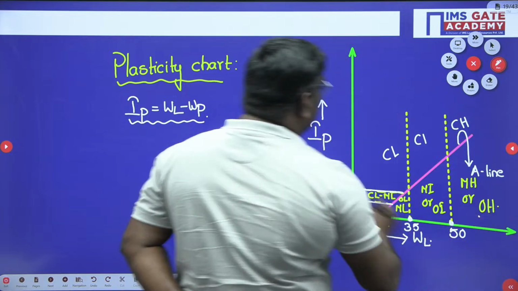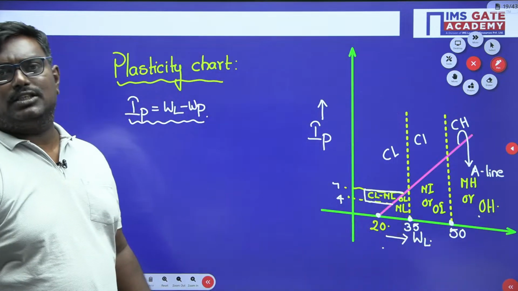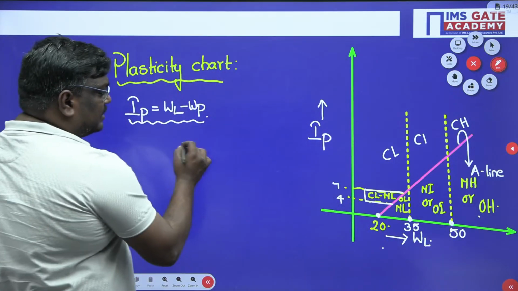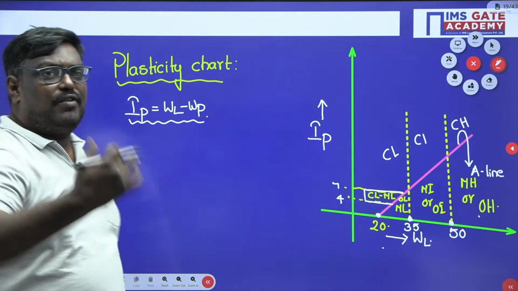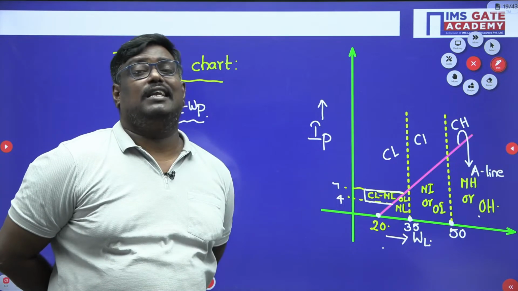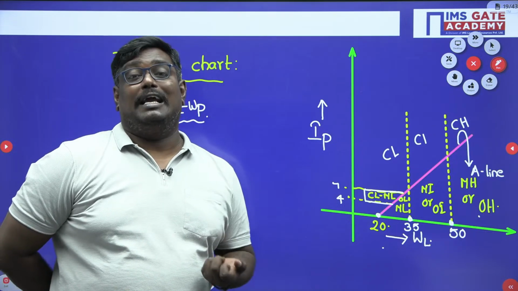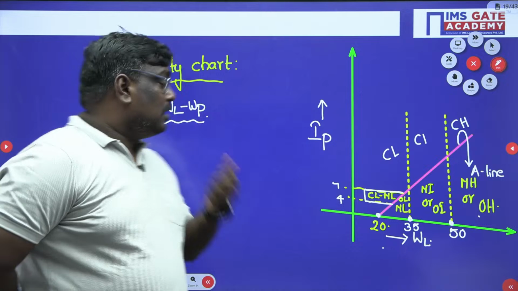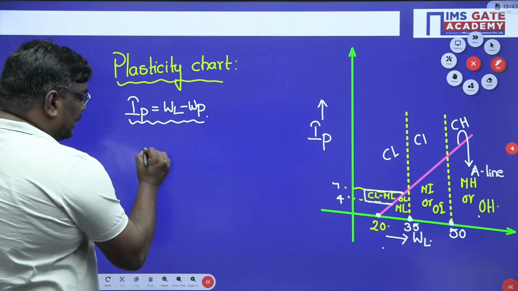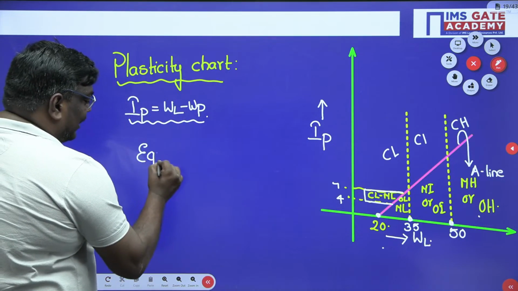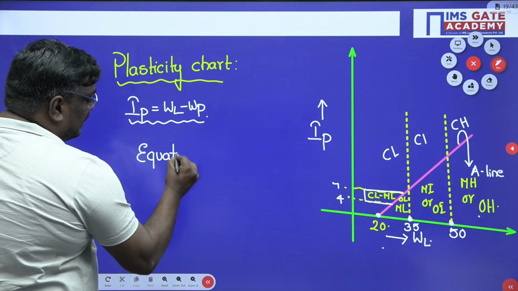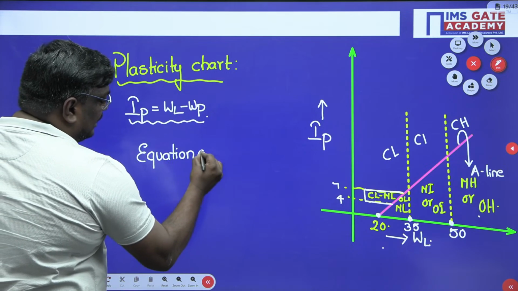So this chart is called the plasticity chart. The advantage here is you can classify whether it is a clayey soil or a silty soil, and whether it is low compressible, intermediate compressible or highly compressible. Now, my dear students, the equation of the A line is given.